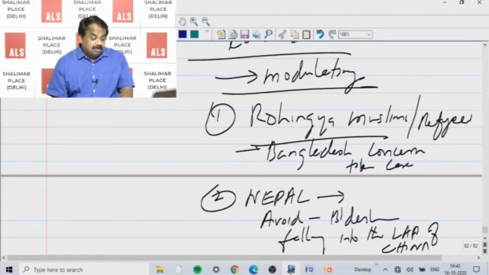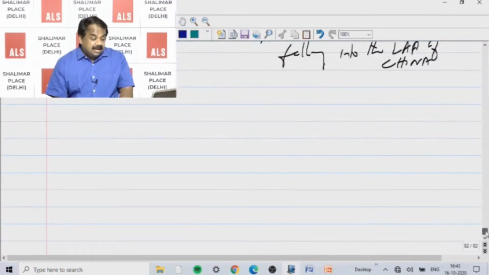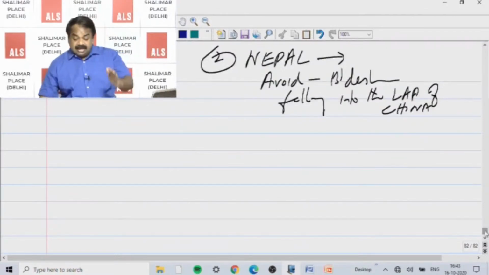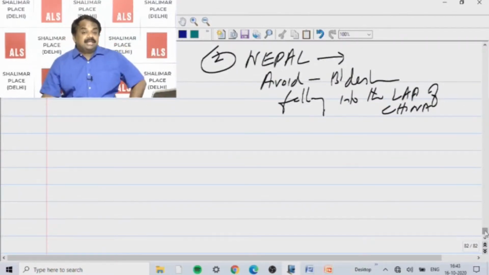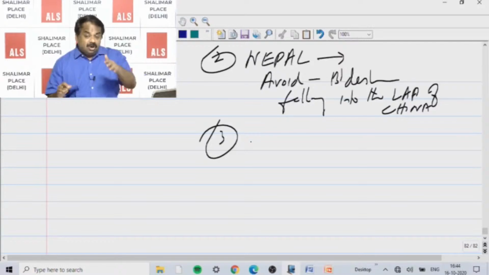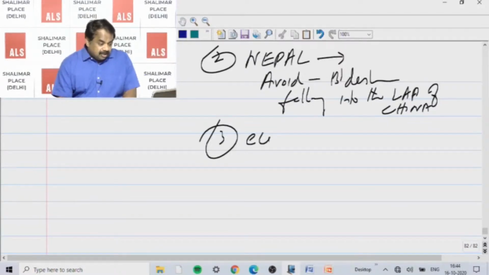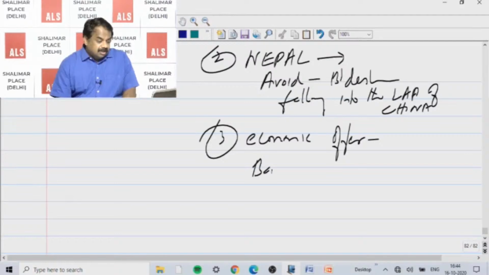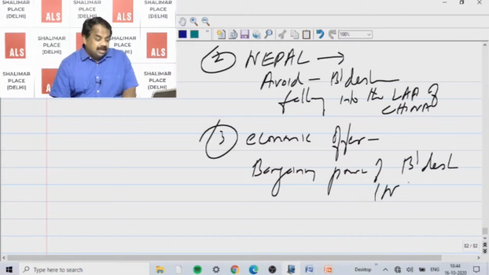We would like to avoid that. So this is clearly reflected in our reactions also. And definitely, the bargaining power of Bangladesh has increased. No doubt regarding this, because of China and the economic offer, the bargaining power of Bangladesh has definitely increased.